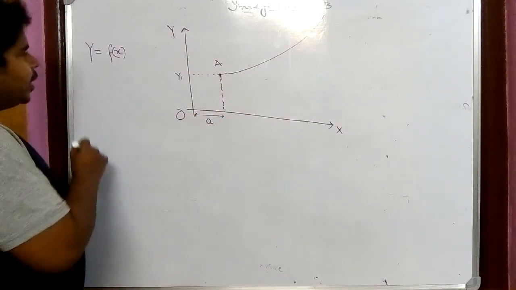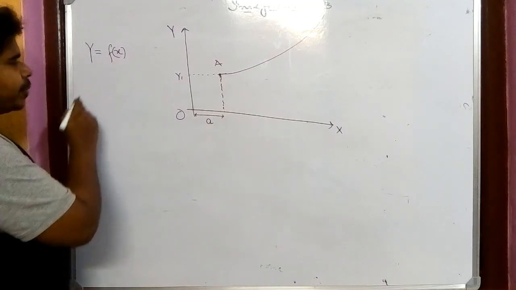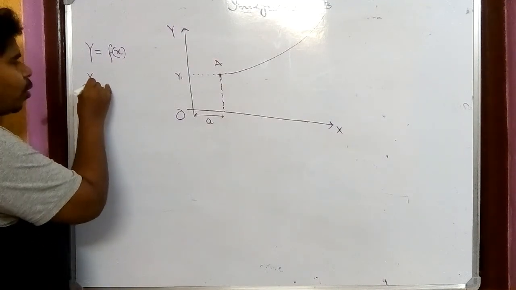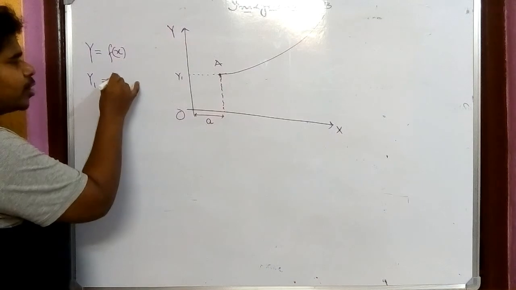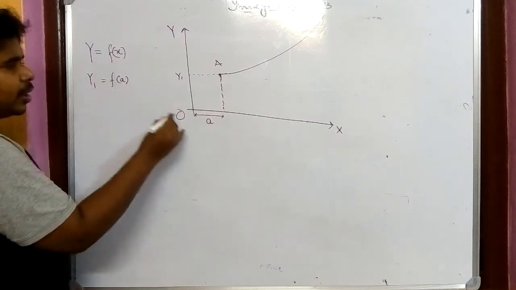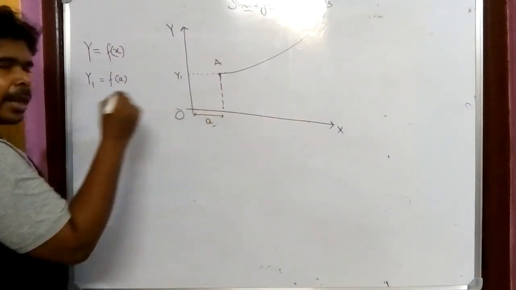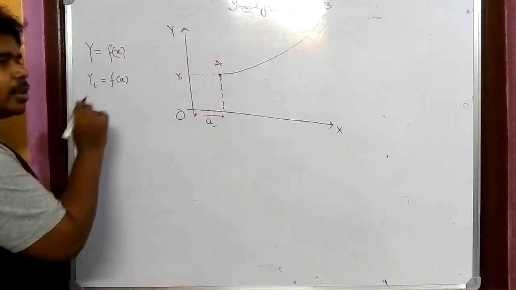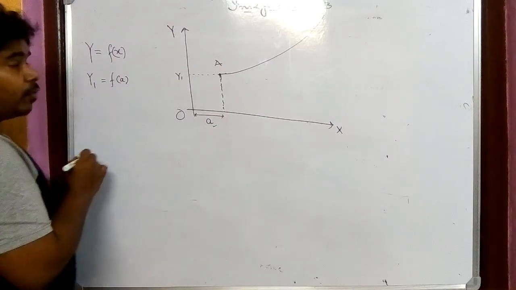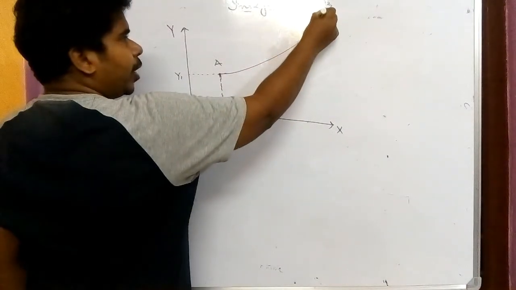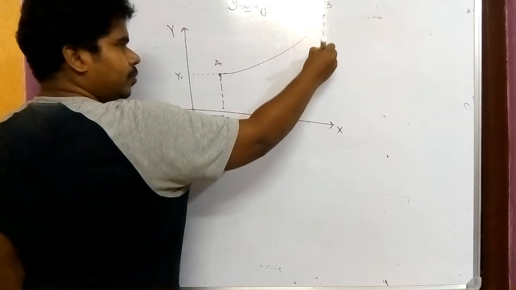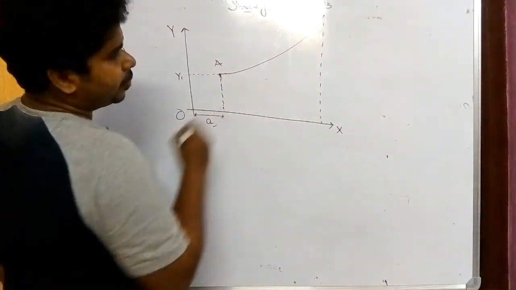Since y is a function of x, we can write y1 equals function of a, because here the value of x is a. Now from point B, I have drawn a perpendicular here.